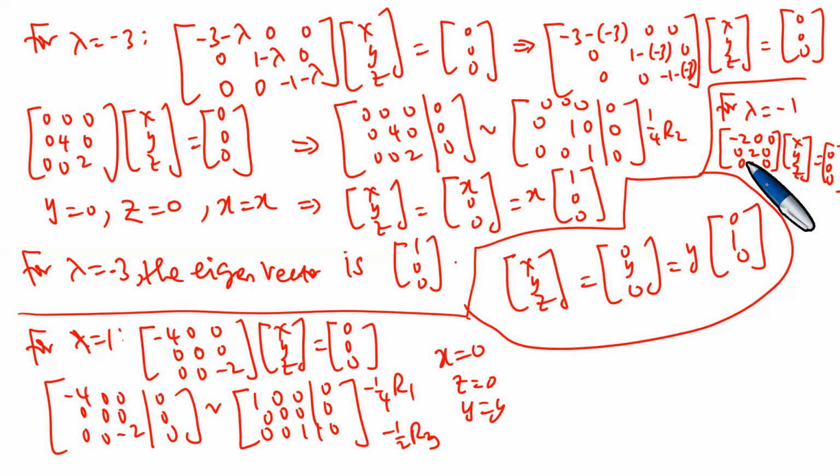Okay, at this point, this would mean that X is 0, Y is 0, Z becomes Z because the row is entirely consisting of zeros, which means that if you have the X, Y, Z, forgive me, I'm trying to squeeze this here. X is 0, Y is 0, and Z is Z.